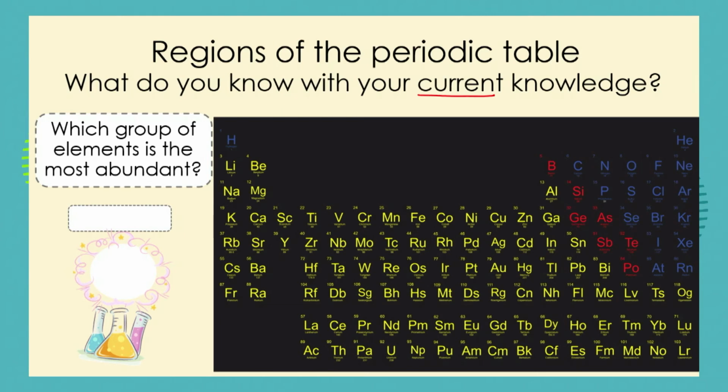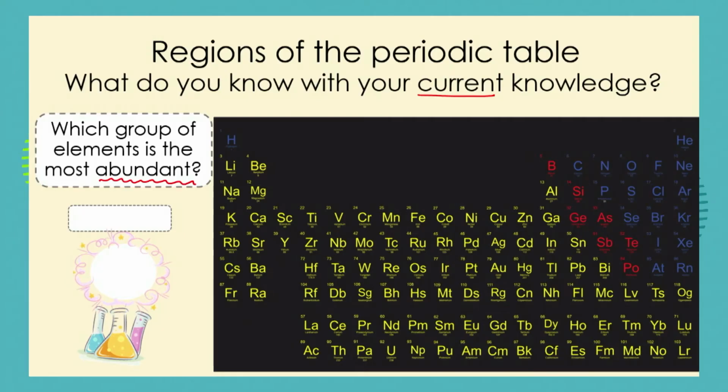Our first question is, which group of elements is the most abundant? When we talk about abundant, we mean the most commonly found elements on the periodic table. We can choose between metals, semi-metals, and non-metals.